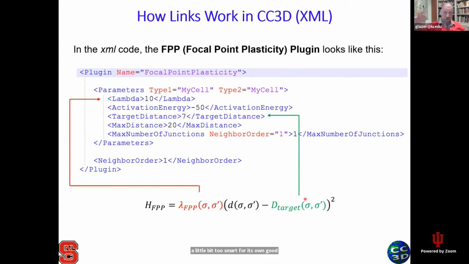If you have a configuration of cells and you turn on focal point plasticity, CompuCell will try to generate links between the cells in a quasi-random way. And so if you say, I want to have 6 junctions here, it will try to create 6 links with the neighboring cells. And the activation energy basically controls the probability of generating a link with each neighbor.